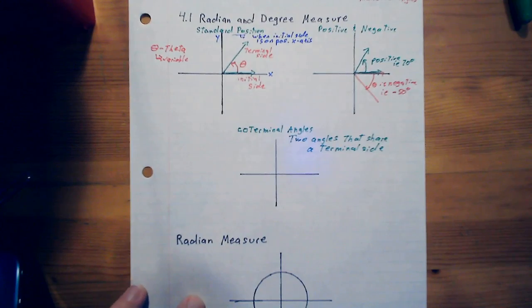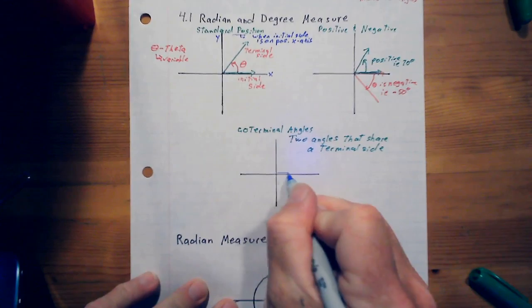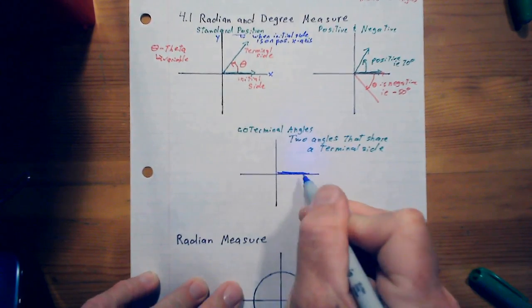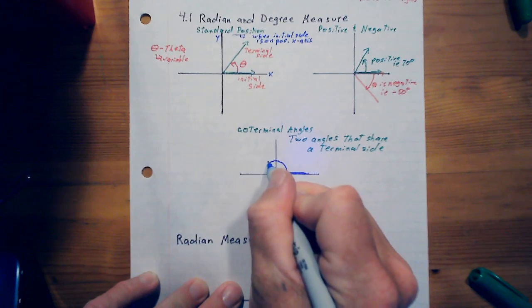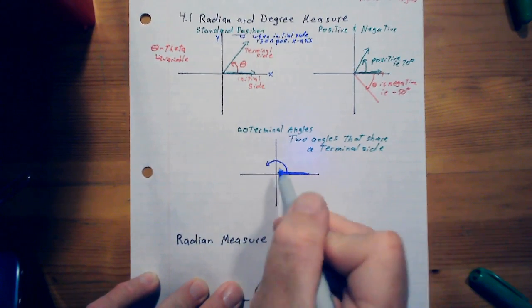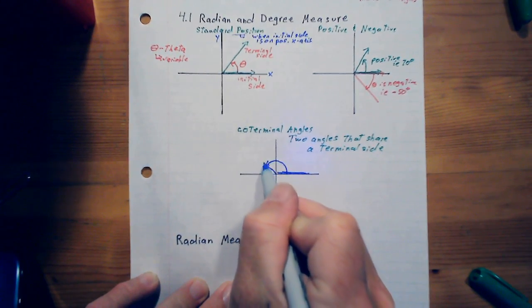And there could be all kinds of them that share a terminal side, all right? So maybe you have something like, here's an angle here, and it's going to swing around. You don't always put this arrow there. It's just showing you how it's opening up in this case.